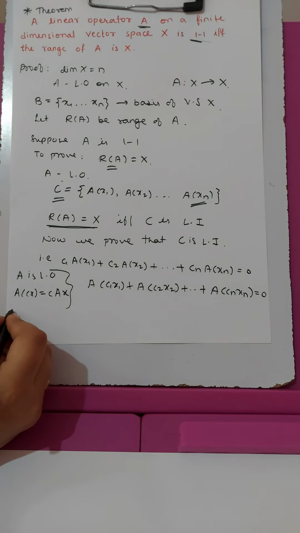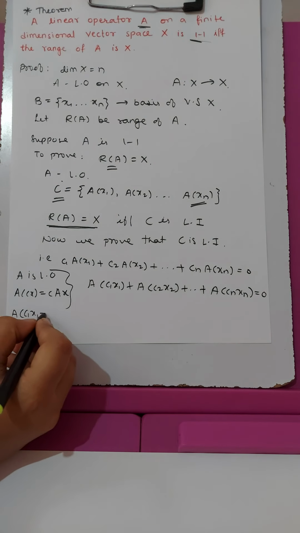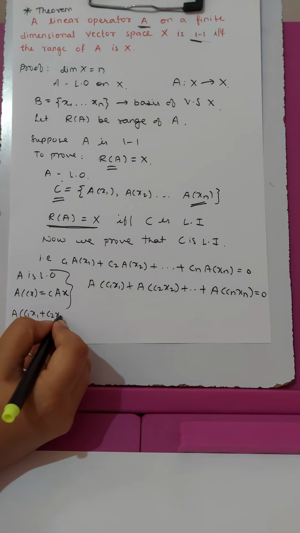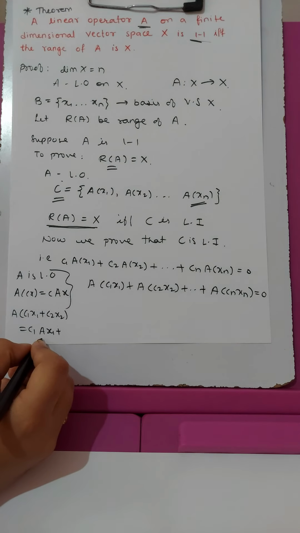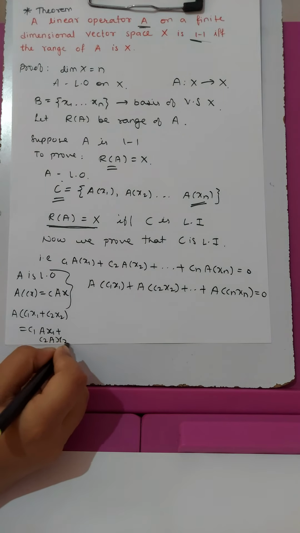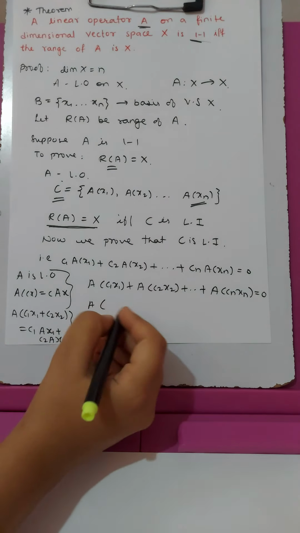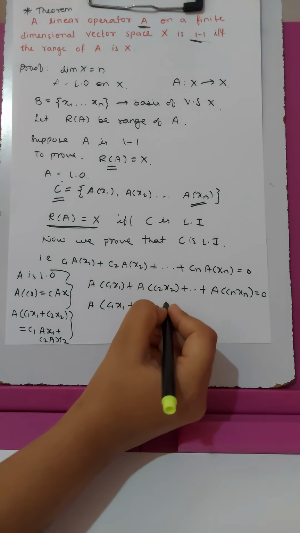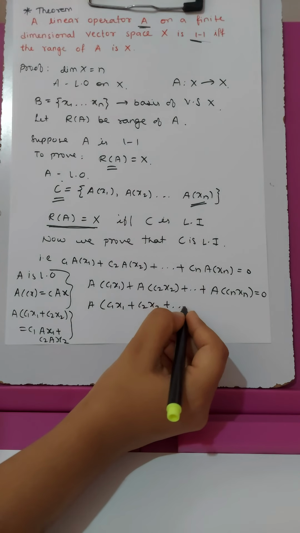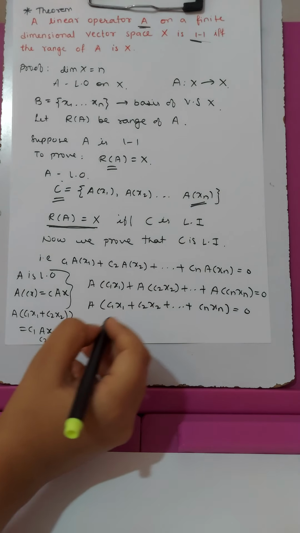Also, as A is linear, A of C1 x1 plus C2 x2 plus and so on Cn xn equals 0.